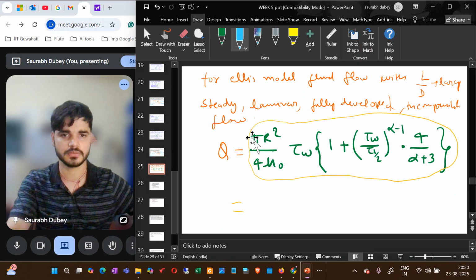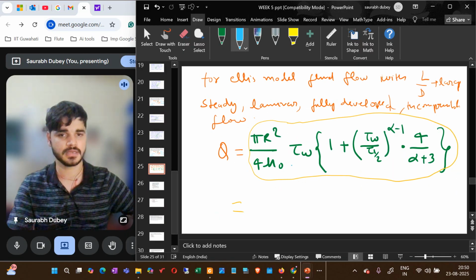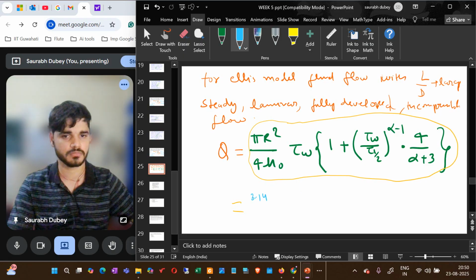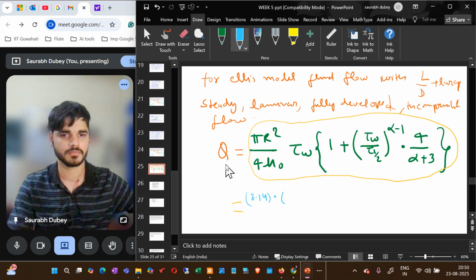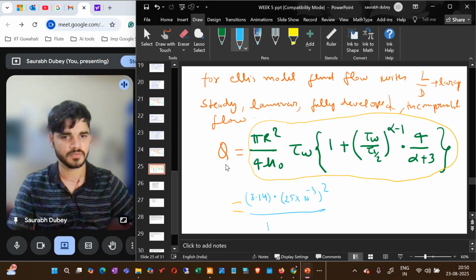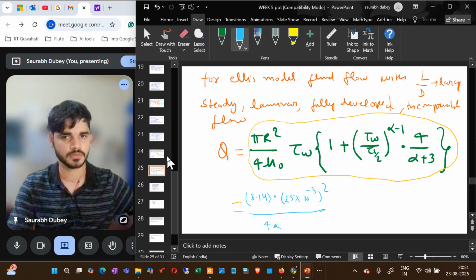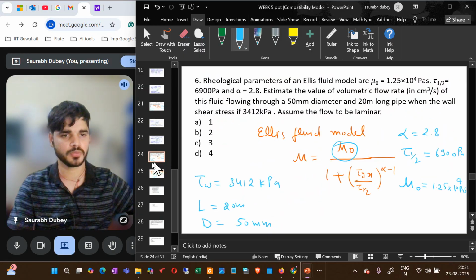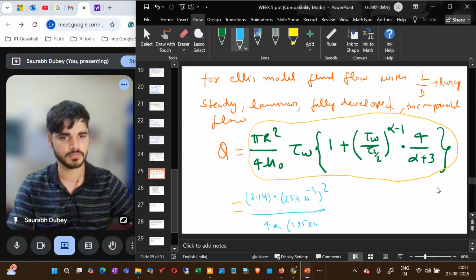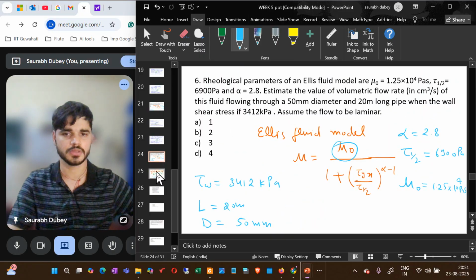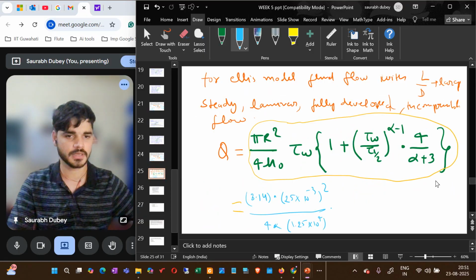So now putting these values over there, let me just copy this slide where we are solving this question. When you put these values over there, 3.14 multiplied by R, R is what? 25 into 10 power minus 3, squared, divided by 4 into tau naught. Mu naught is what? Mu naught is 1.25 into 10 power minus 4. Then tau w you are given with.